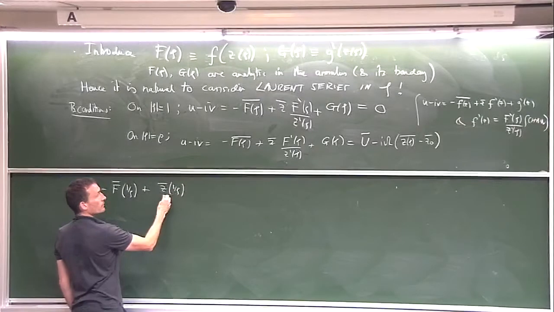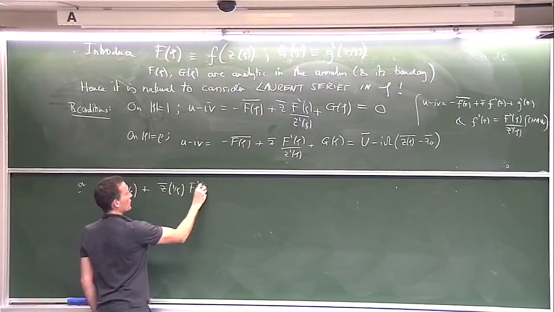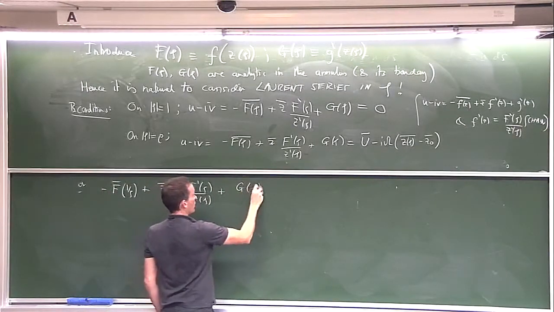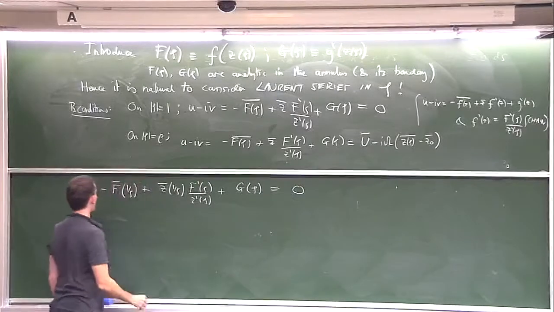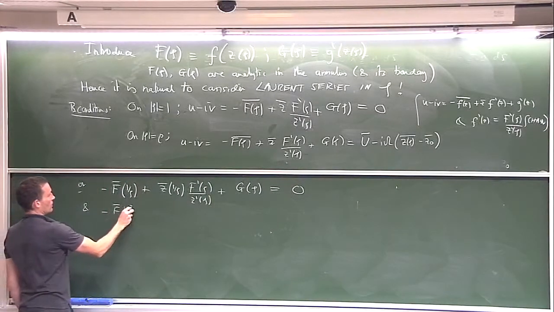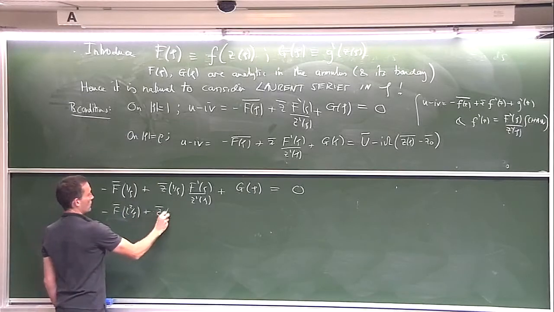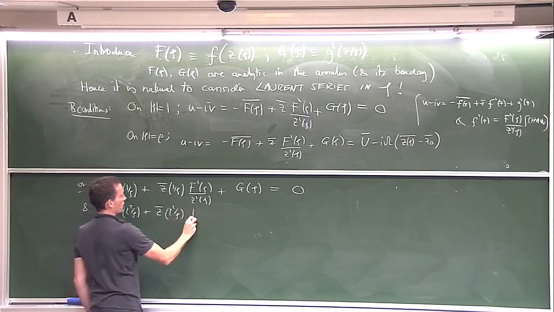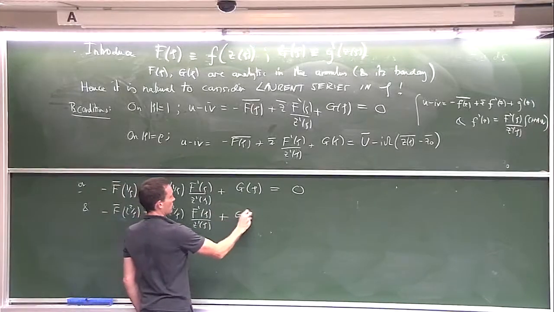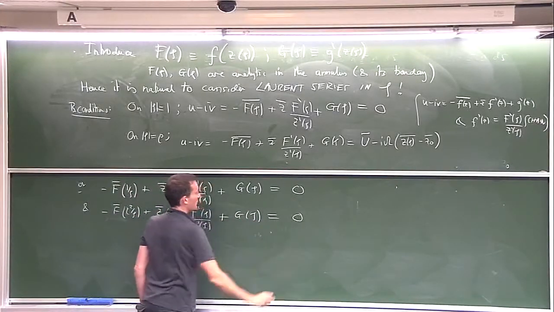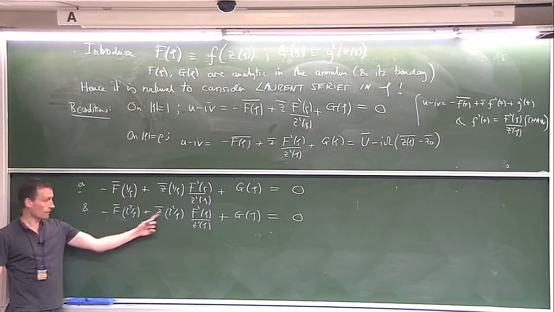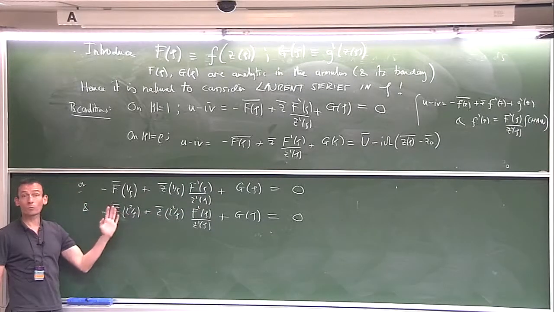Same thing there. On this circle, look, I've used the fact that zeta bar is rho squared over zeta.